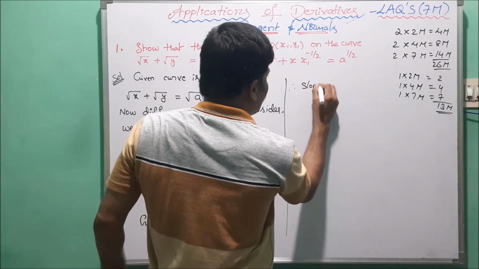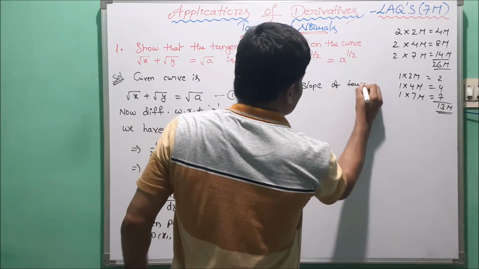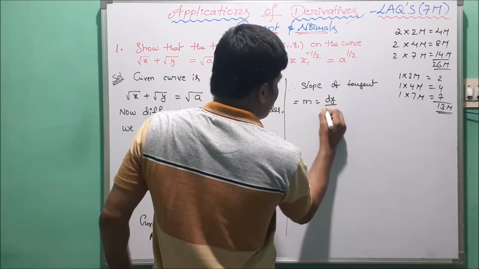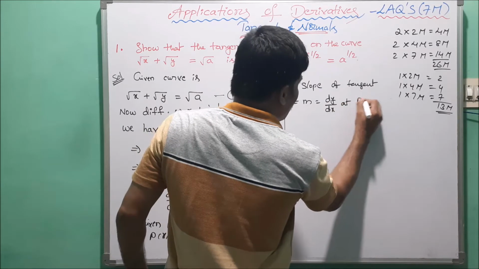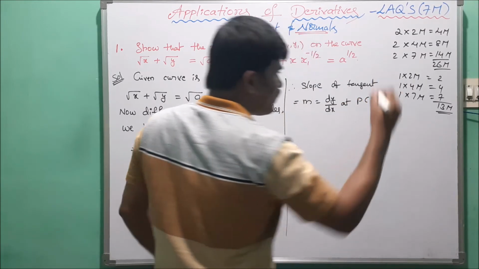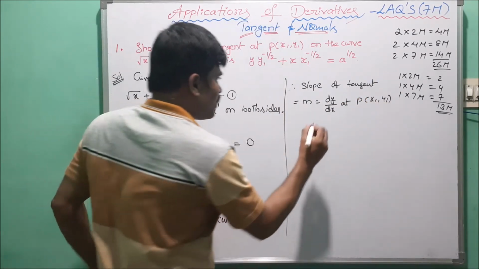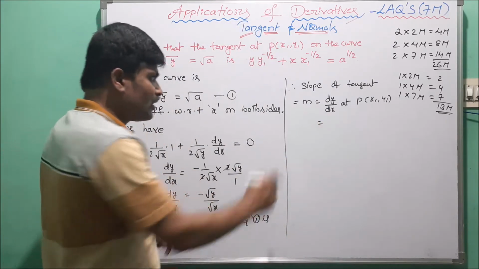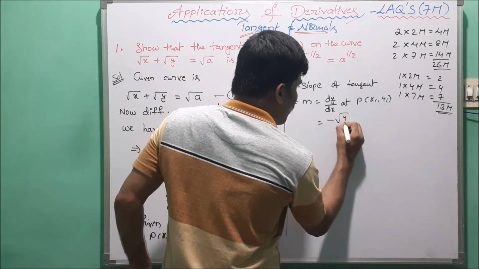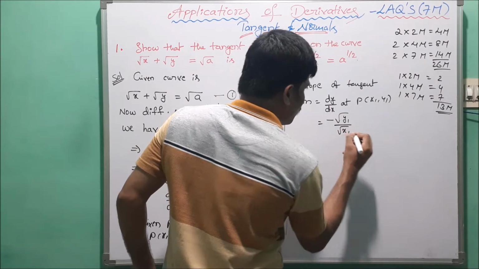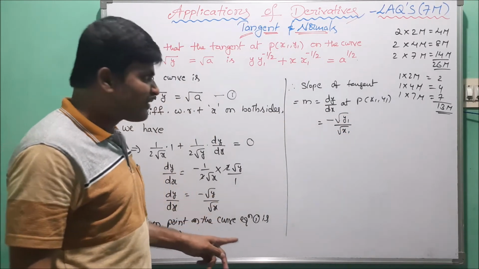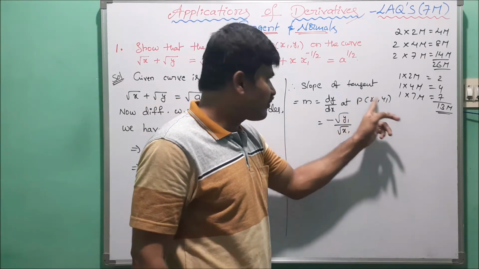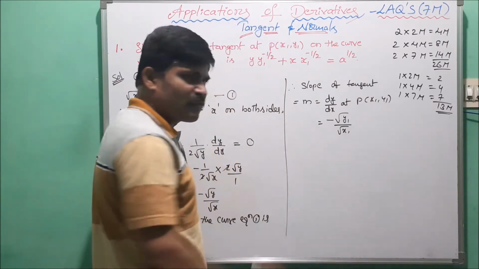Slope of tangent m equals dy by dx at p(x1, y1). Now the dy by dx value is minus root y by root x. So we take minus root y1 by root x1. Here y and x are replaced by y1 and x1, the values of the coordinate point. So this is the slope.